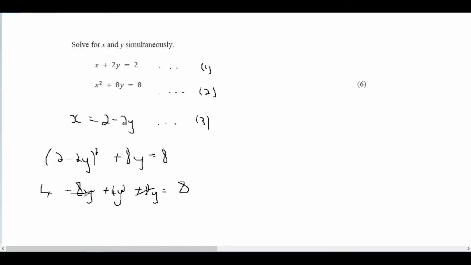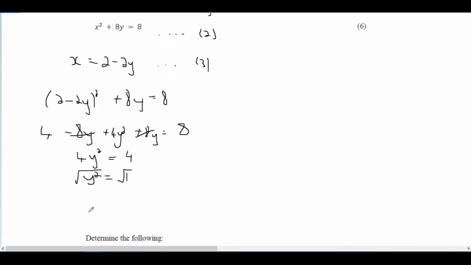From here we're going to keep all our y's on the left, so we're left with 4y² = 8 - 4, which is just 4. Divide 4 on both sides, we're left with y² = 1. Alright, and then we are going to square root both sides, so we want y by itself.